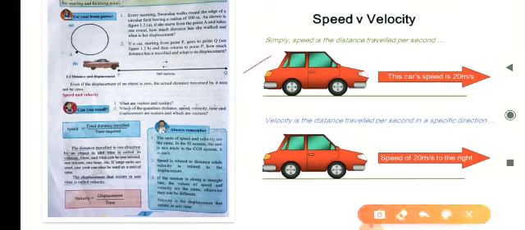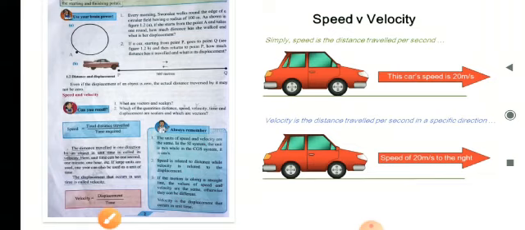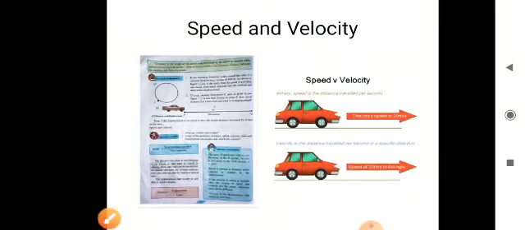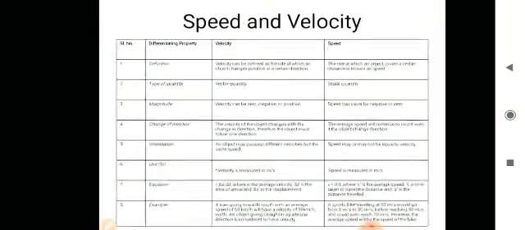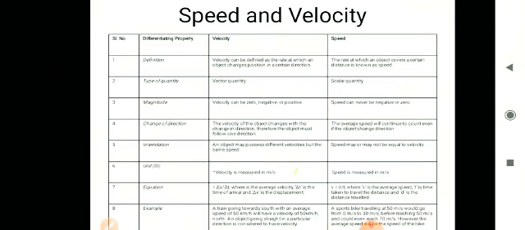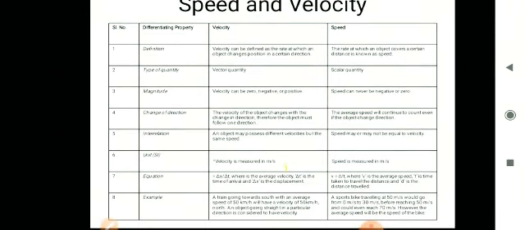For the first car, simply speed is the distance travelled per second. This car's speed is 20 meters per second. Second car, velocity is the distance travelled per second in a specific direction. Direction is important. So, speed of 20 meters per second to the right. Okay, now let us go to the next slide where we will see the difference between speed and velocity.